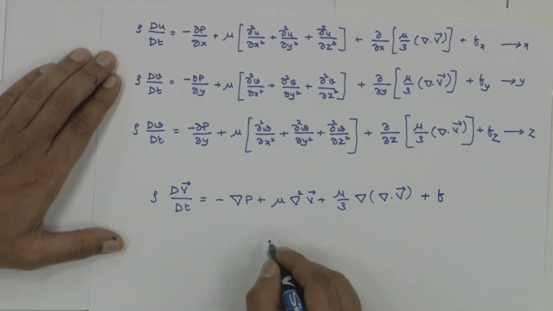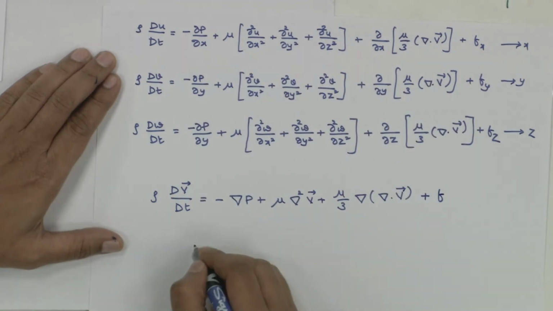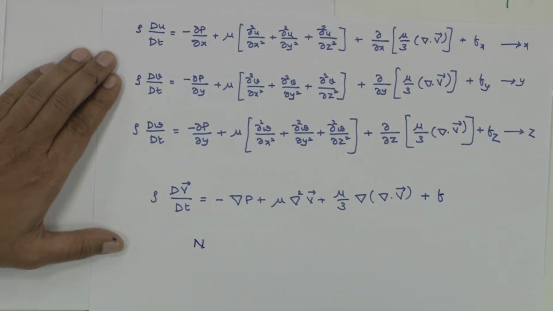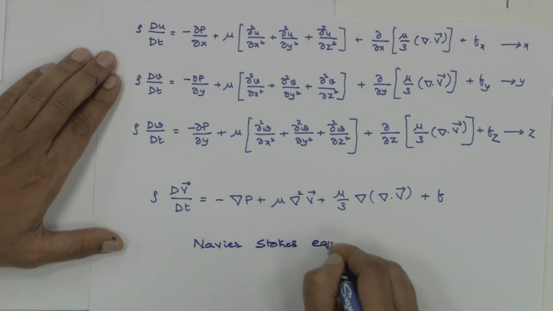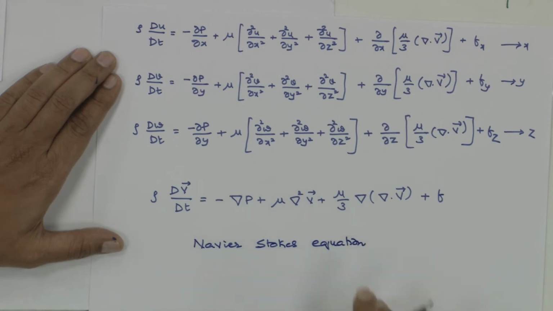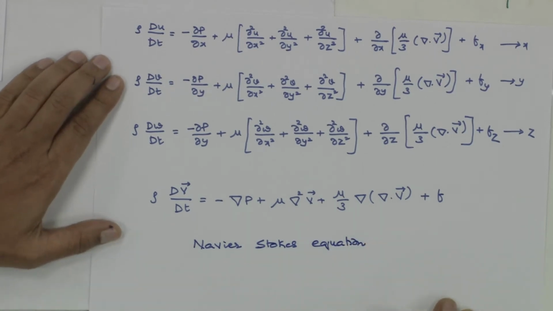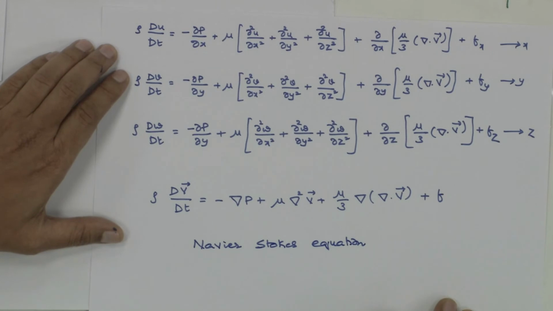So these equations are called Navier-Stokes equations because they were independently derived by Navier and Stokes. That's why we call them Navier-Stokes equations.